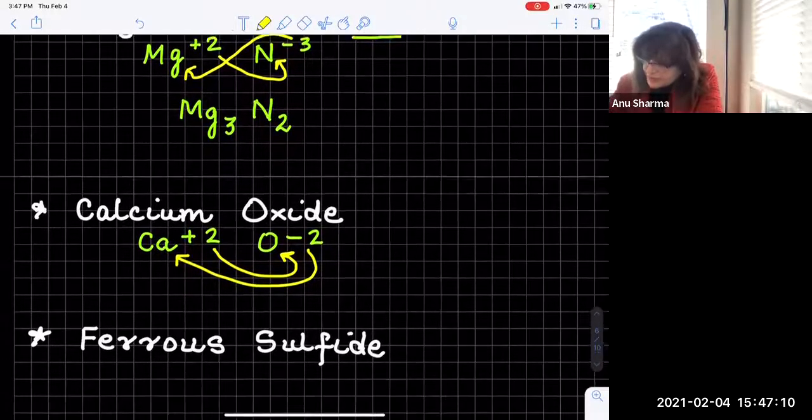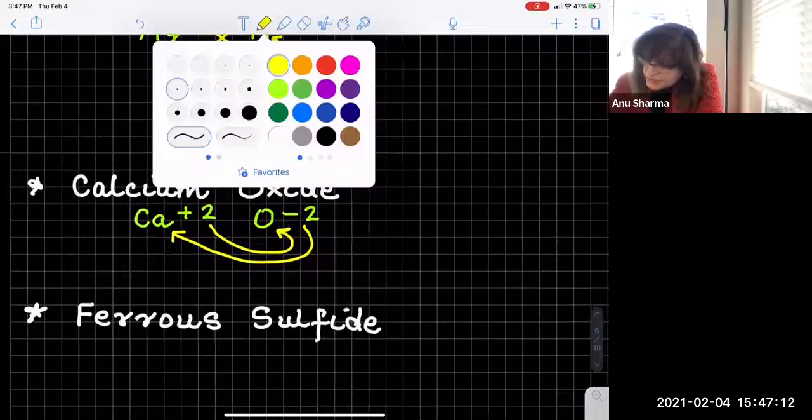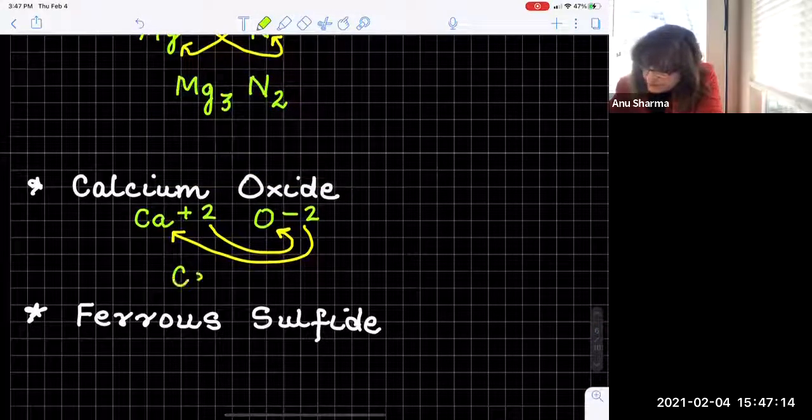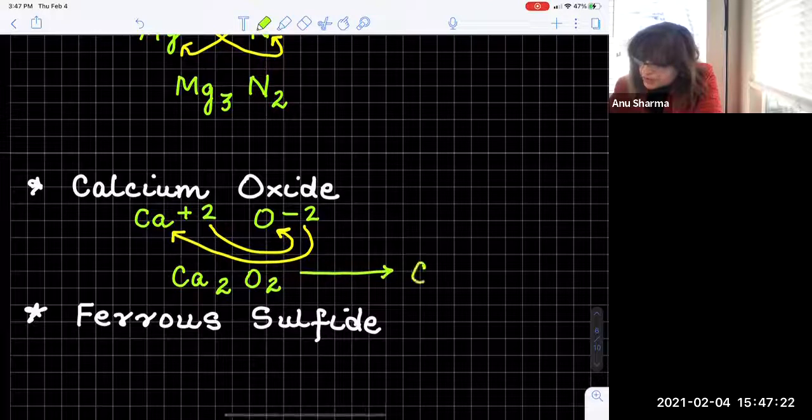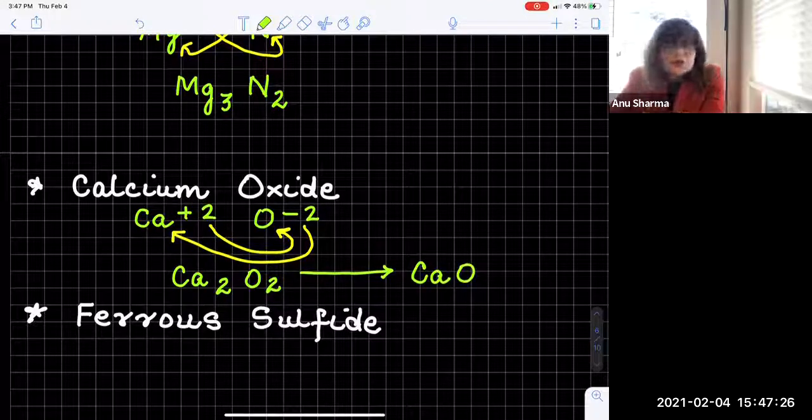So what happens here? Interestingly, calcium is 2, and oxygen is 2. But you simplify, and in a simpler version, it is CaO. You see that the charges cancel each other out, because they're the same.